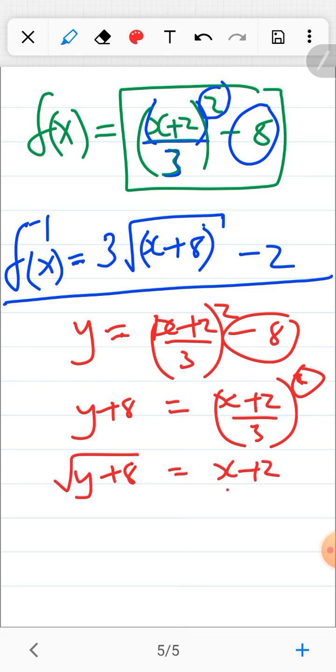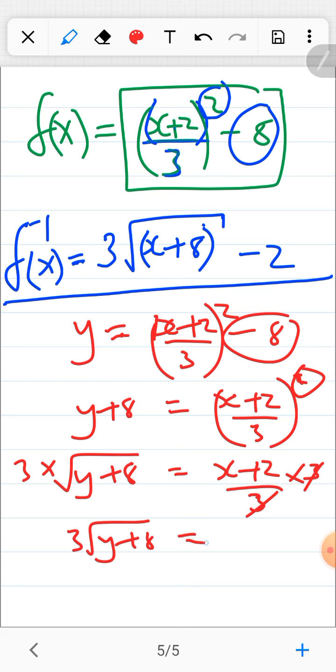So that gives (x + 2)/3, and then I would have to multiply both sides by 3 to get rid of the 3. So I have 3√(y + 8) equals x + 2, and then finally I would have to subtract the 2. So that's 3√(y + 8) − 2 equals x.